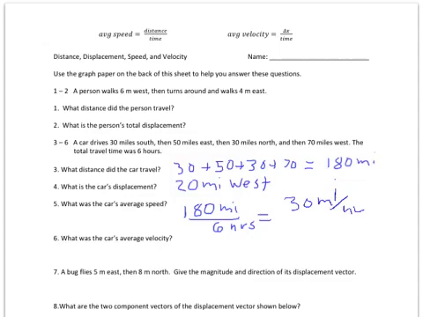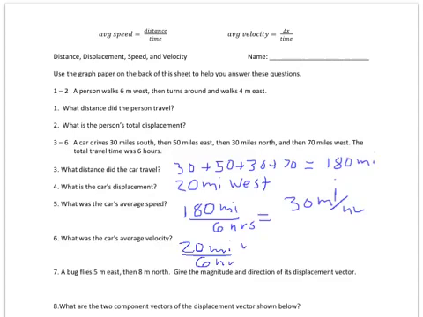Now what about the car's average velocity? Now velocity is a vector quantity where we have to take into account direction. And that means instead we use this one here, where delta x is the displacement that took place, and here's our displacement, 20 miles west. So we're going to say the car's average velocity is 20 miles divided by 6 hours.